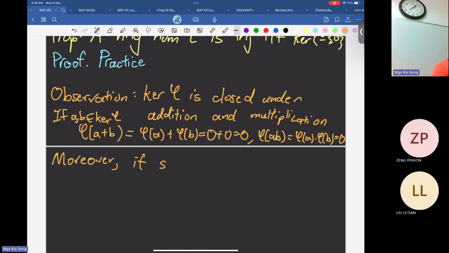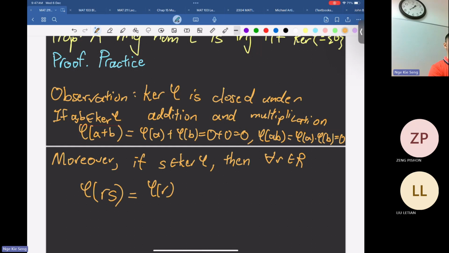If I take any element x in my kernel of phi, and literally any element r in my ring, what happened to phi(rx)? Phi(rx) equals phi(r) times phi(x). Phi(x) is what? 0. I don't care what happened to phi(r). This thing will always get sent to 0.